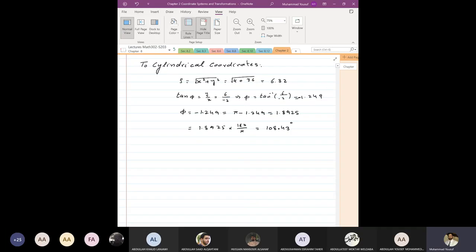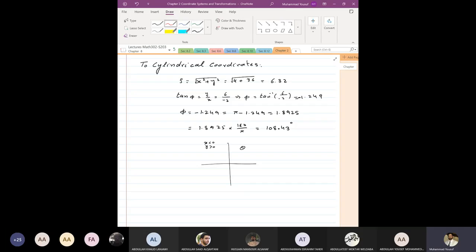So when there is something negative, you can do this. If the angle is in this quadrant, meaning both x and y are positive, then whatever is the angle, keep it, use it. And when x is negative and y is positive, we are in quadrant 2. So do what?